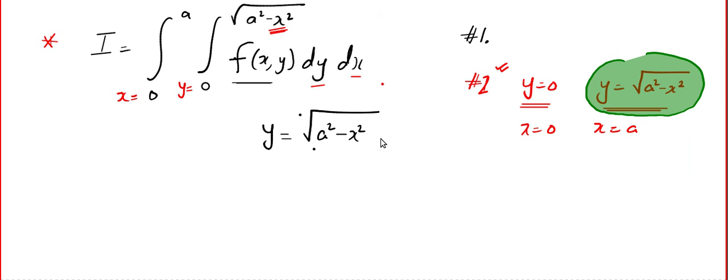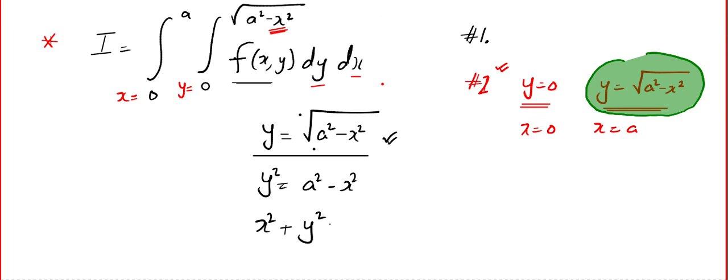And one important thing, you should be good with all the equations. I'm sure most of you have already identified this is a circle. I'm going to square on both sides and take this x to the left side. See, x square plus y square equal to a square. A circle with center origin and radius a.